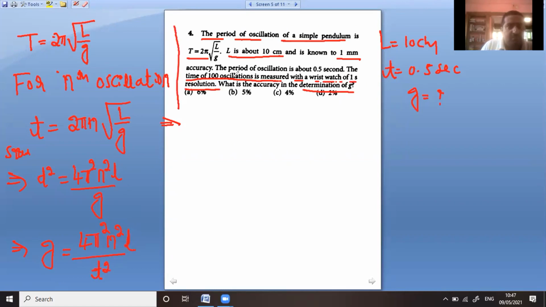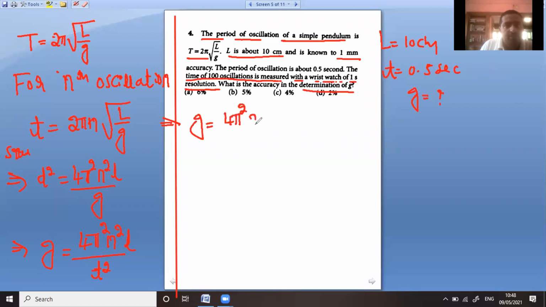Okay, so then the next step. g is equal to 4 pi square n square L, T to the power of minus 2. So then what is the accuracy?